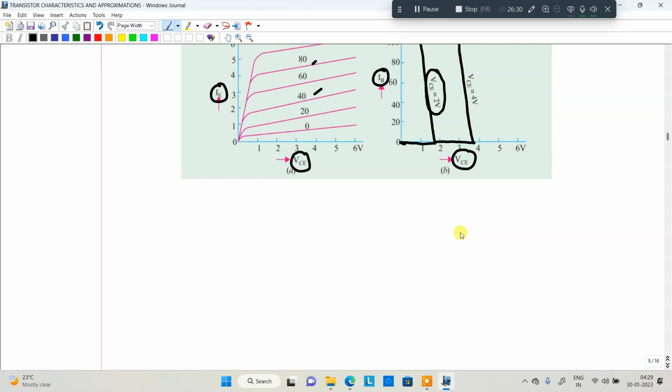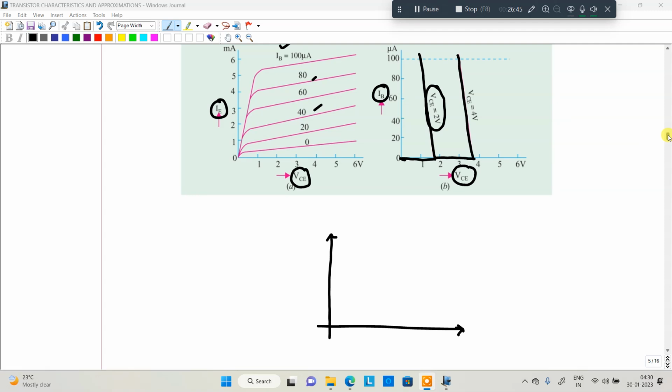The last characteristic is the transfer characteristics, similar to the common emitter characteristics. It is drawn between input current and output current. The input current is IB and the output current is IE. Initially VCE should be constant, because that is the output.